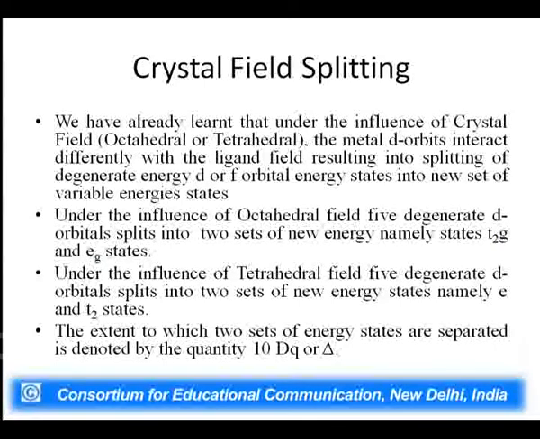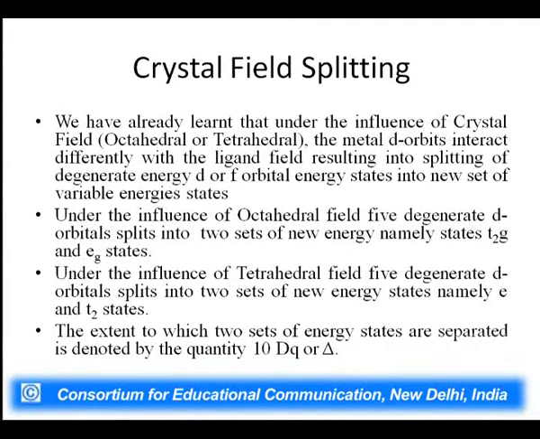So what we have learned is that under the influence of a crystal field, whether it is octahedral or tetrahedral, the metal d orbitals interact differently with ligand field, resulting in splitting of degenerate energy levels of d or f orbitals into new sets of orbitals or states. Under the influence of an octahedral field, 5 degenerate d orbitals are split into two sets of energy levels, that is T2g and Eg.